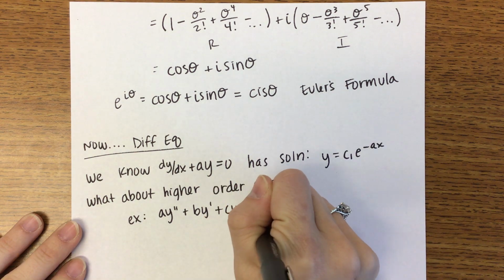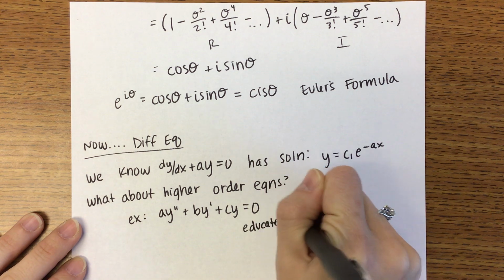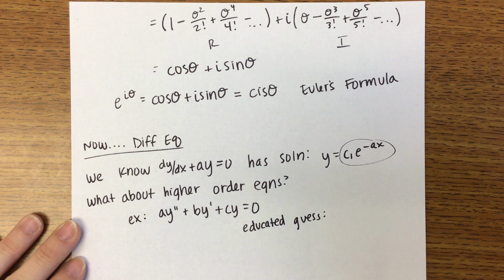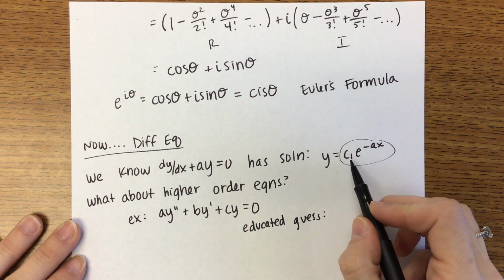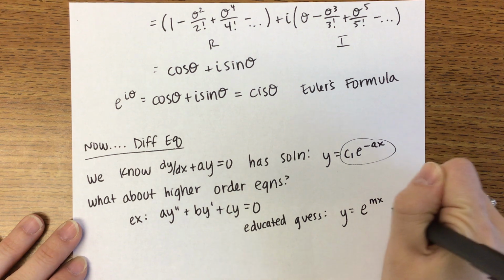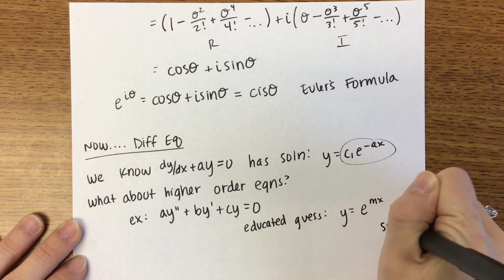Okay, we could probably take an educated guess as to a solution, just based off of the form here. Constants we don't care about. So we are going to guess that y equals e to the mx might be a solution.